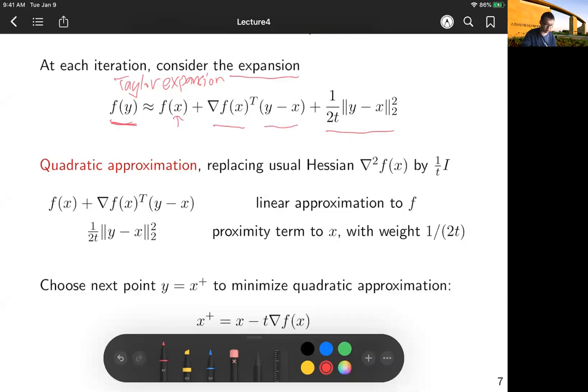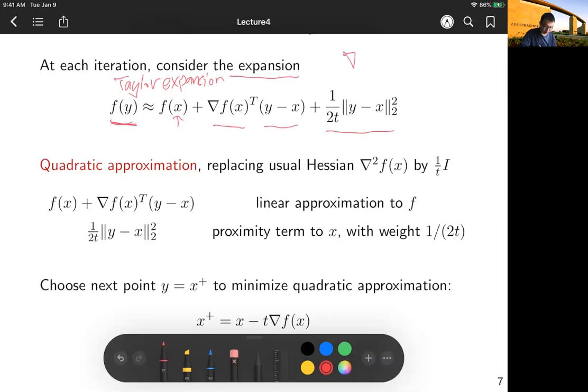Let's work out a minimum of this quadratic approximation to convince you that this actually reproduces the gradient descent algorithm. Let's take the gradient of the right hand side with respect to y.